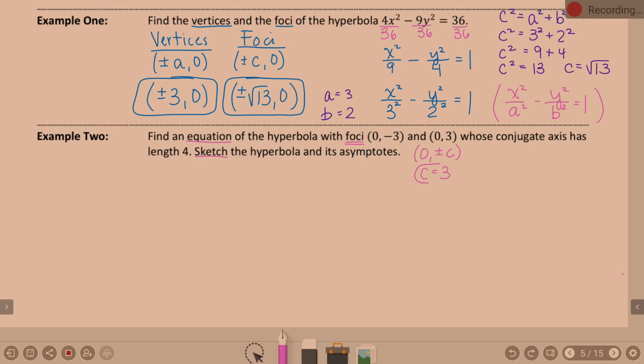Okay. I am going to go over here and write my equation. Right column, so y squared over a squared minus x squared over b squared equals 1.